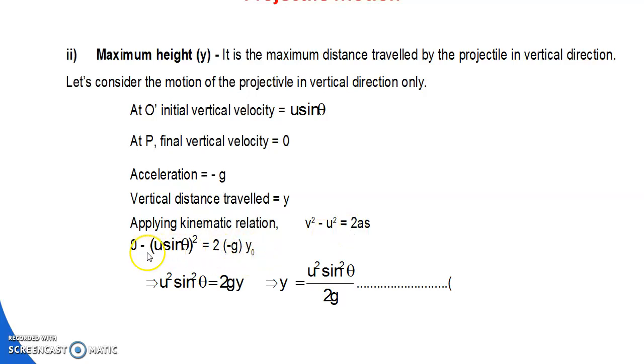So minus u square sin square theta is equal to minus 2gy. The minus cancels, so u square sin square theta is equal to 2gy. So y, the maximum height, is equal to u square sin square theta by 2g. This is the equation for maximum height.